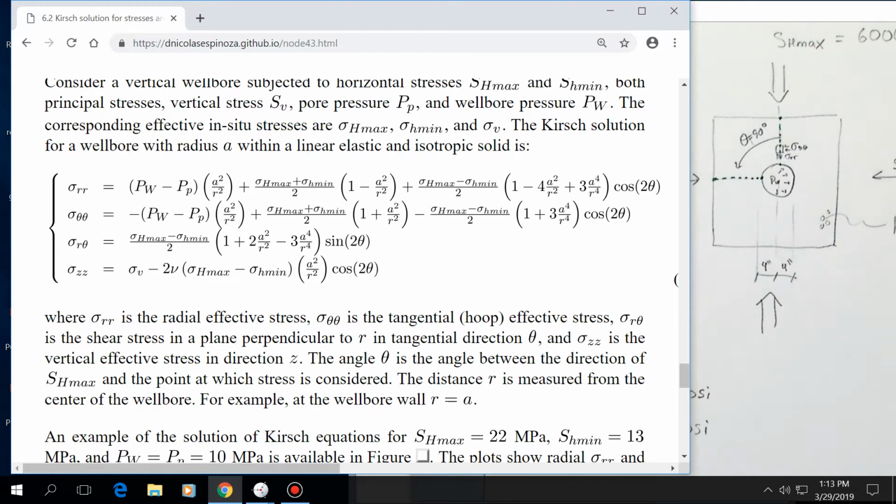Yeah, 4 inches. R varies from 4 inches to 36.